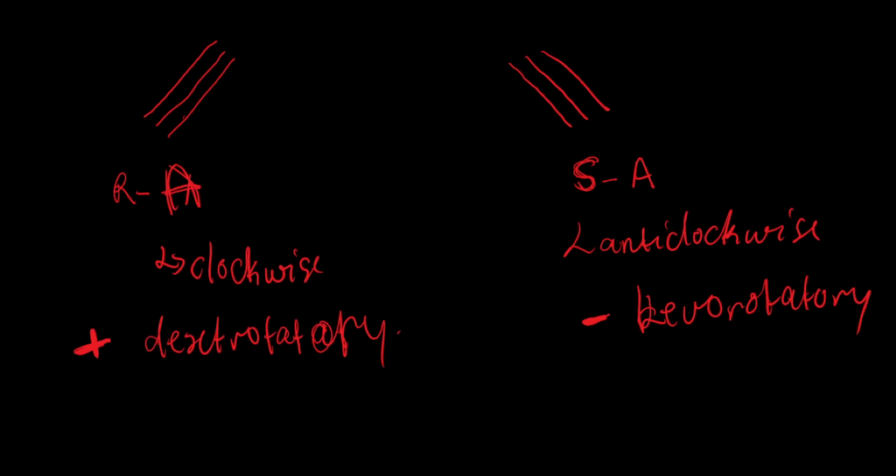Now let's go back here. It's important for us to take note of the fact that simply because a compound has an R configuration doesn't necessarily mean that it is dextrorotatory. In fact, by merely looking at a compound, you cannot determine whether it is dextrorotatory or levorotatory.